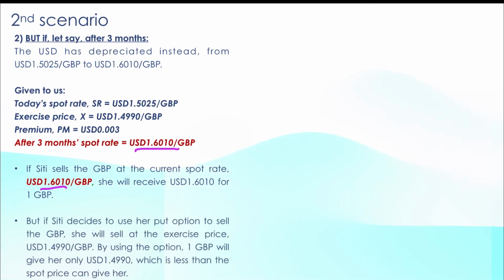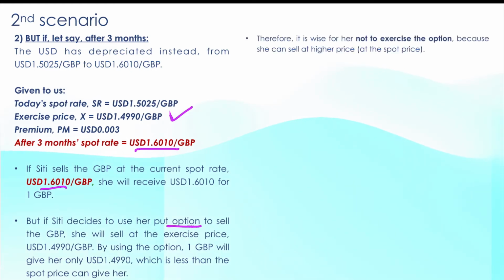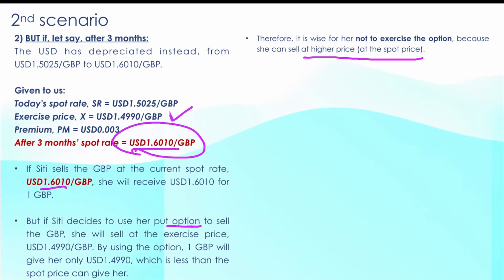But if Citi decides to use her option to sell the GBP, she will sell at the exercise price of only 1.4990, which is less than the spot price can give her. So for this scenario, Citi should not exercise the option because she can sell at the higher price, which is the spot price.